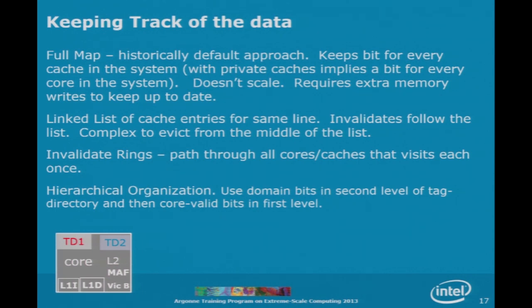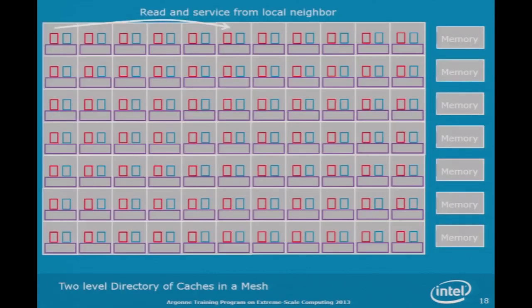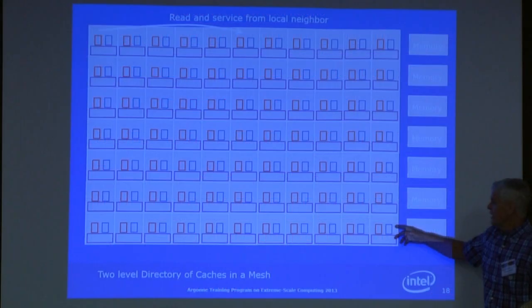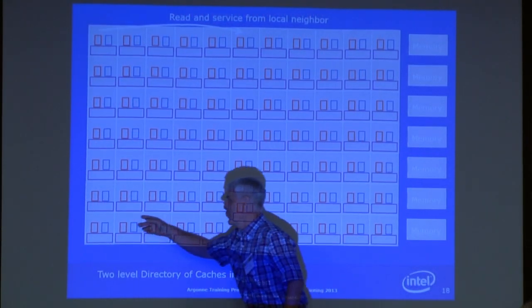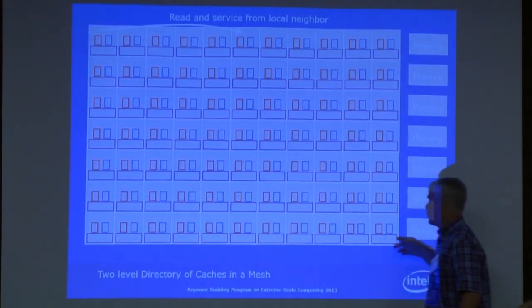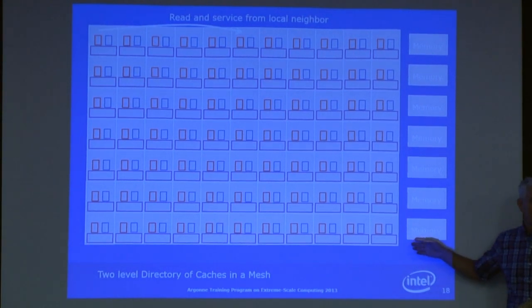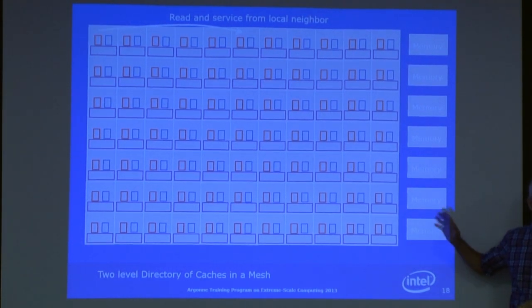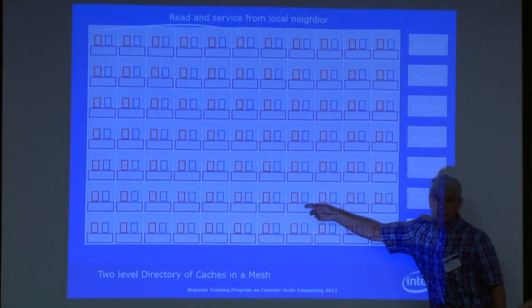The thing we're looking at is what we call hierarchical organization, which kind of sets the backdrop for what I showed you so far. You have multiple levels of tag directories. Imagine you have the cores on a die, with a partitioned cache. All the cores in this row share one segment of the last level cache, and this row shares another one.